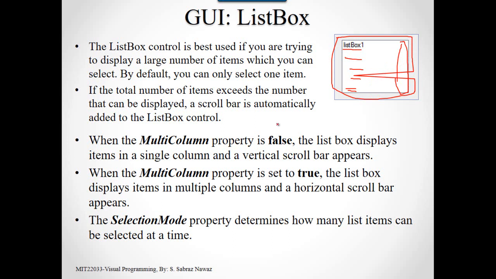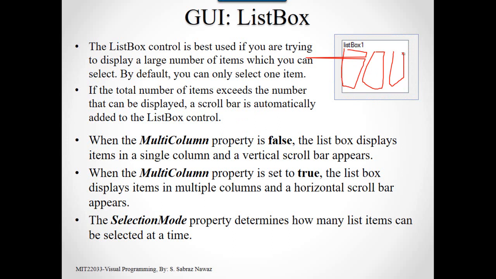This is displayed so long as the multi-column property of the Listbox is set to false, which is the default. If you set the multi-column property to true, the list of items will be displayed as columns, so you can see more than one column.